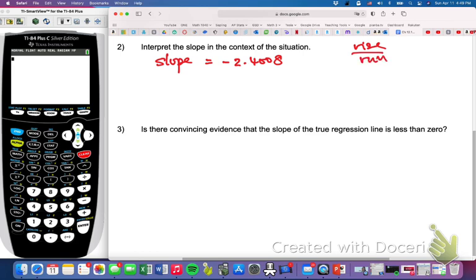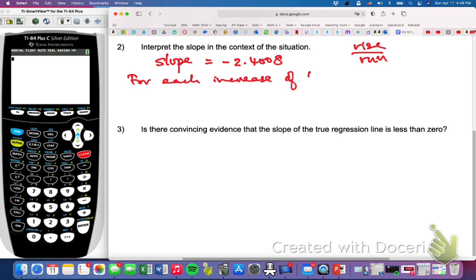Now, if it's negative, that means for every 1 unit increase in the x-axis, there will be a decrease in the y-axis. So that's how you need to try to reason to put the slope in context.